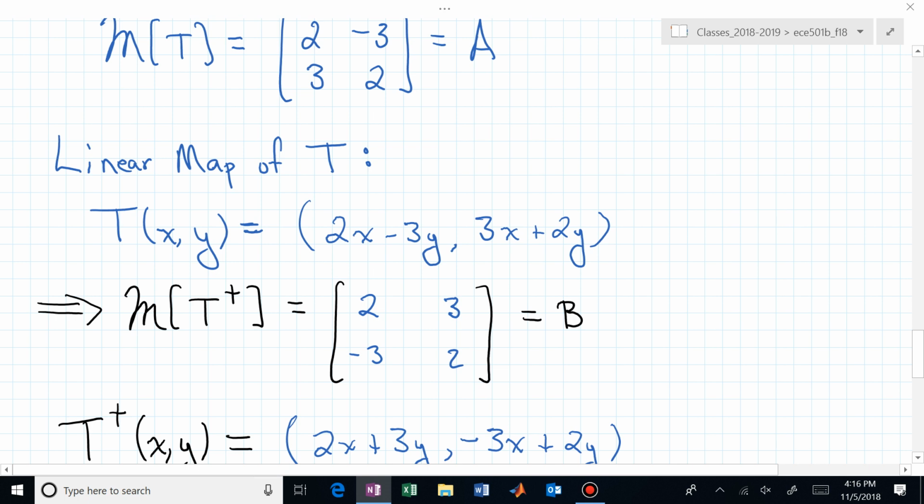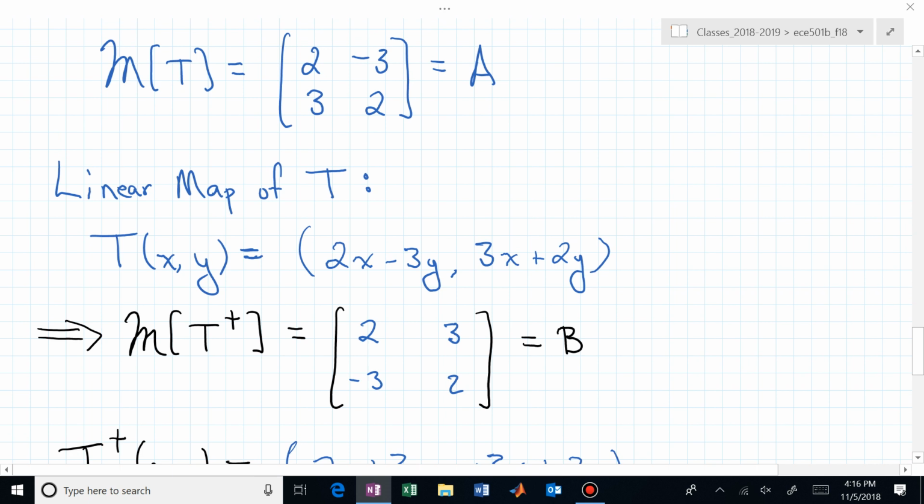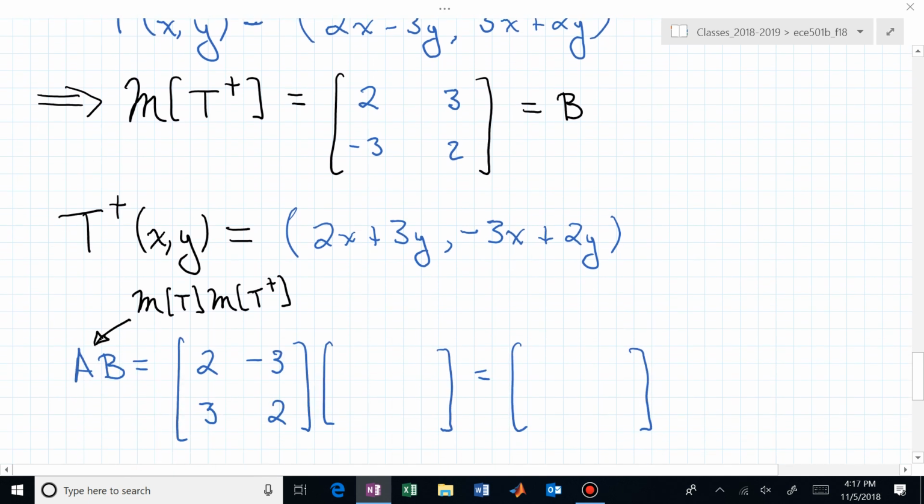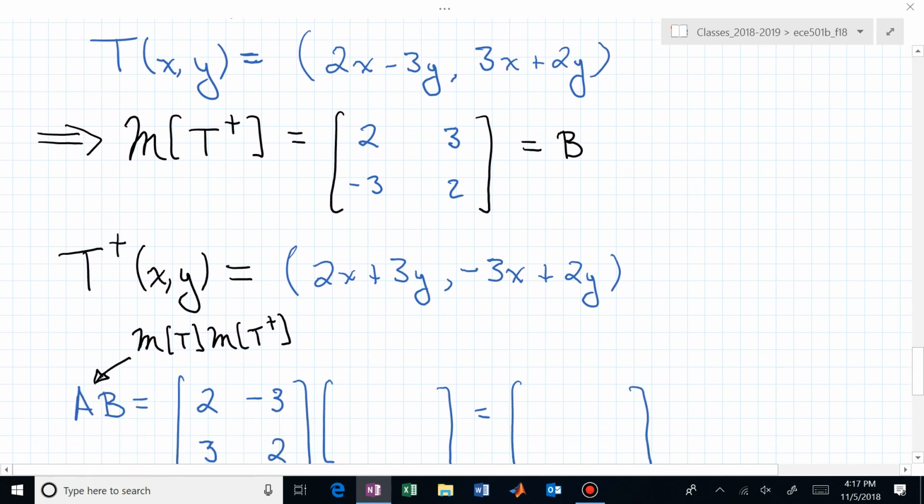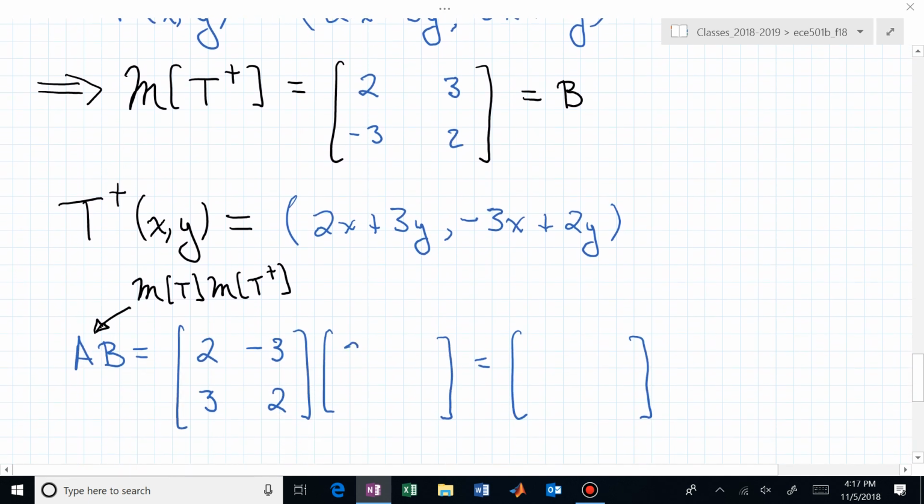A is not equal to B. But what can we see if we know B? Now I'm going to have you memorize B and, well, I already wrote down A, so I don't need to worry about A. There's A, but B is now 2, 3, minus 3, 2.